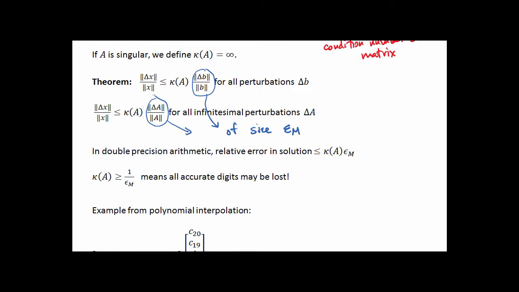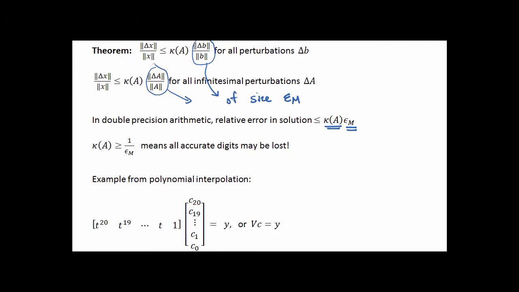And so as an estimate, the relative error in our linear system solution should be bounded by the condition number of the matrix times the accuracy of our arithmetic. And that means that if the condition number of the matrix is bigger than 1 over epsilon machine, then basically you might expect the relative error to be 100%. In other words, there are no digits correct at all.